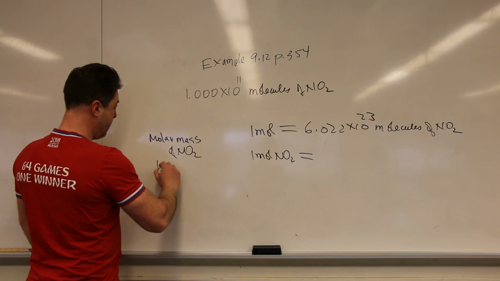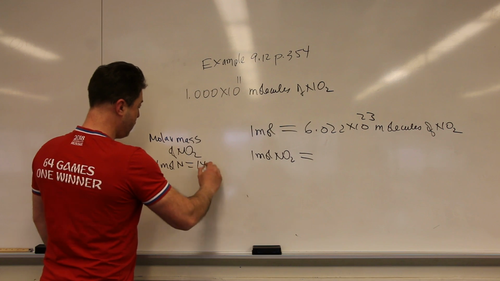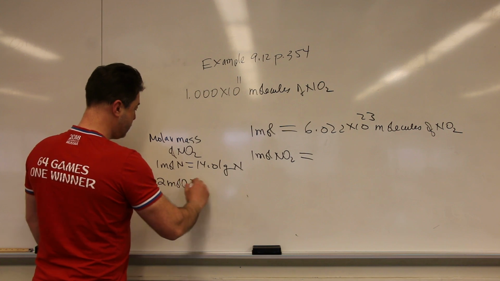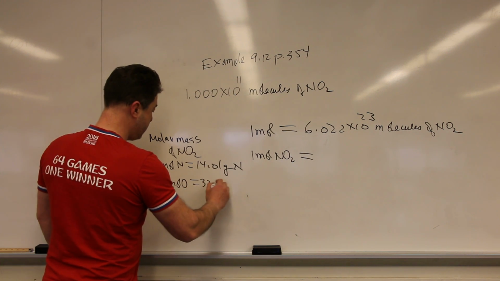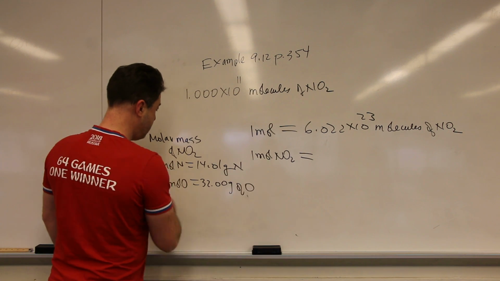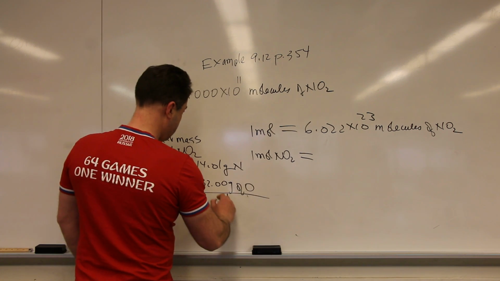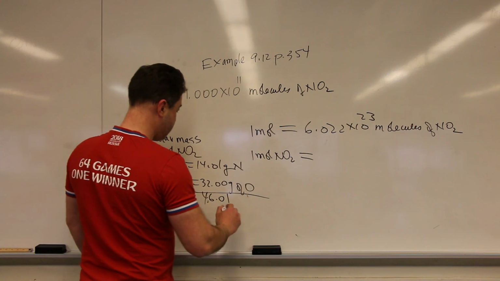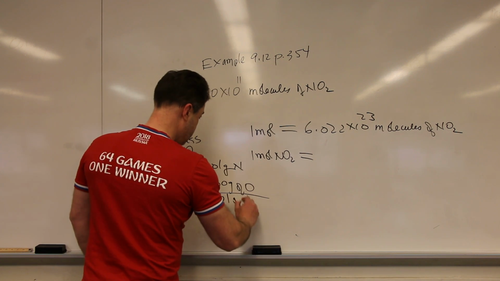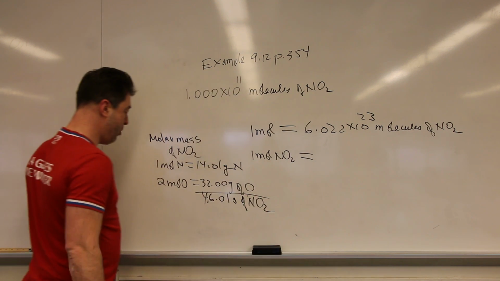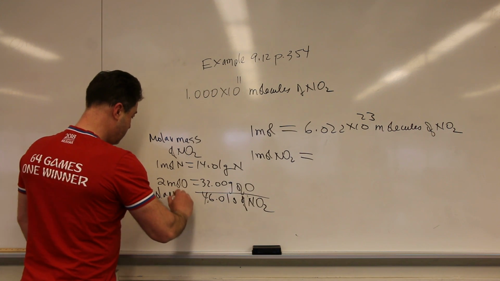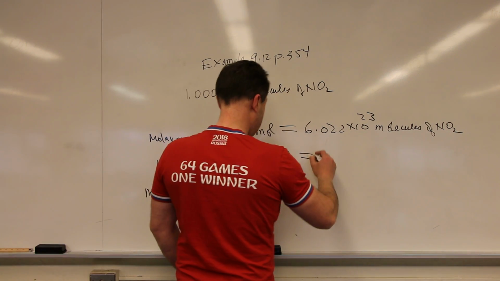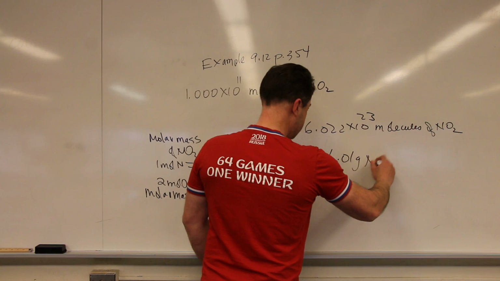It's going to be 1 mole of nitrogen, which is 14.01 grams of nitrogen, 2 moles of oxygen, which will be 32.00 grams of oxygen, and when you add them all up, you get 46.01 grams of NO2, and that will be your molar mass calculated here. Okay, now I have another conversion factor, which is 46.01 grams of NO2.